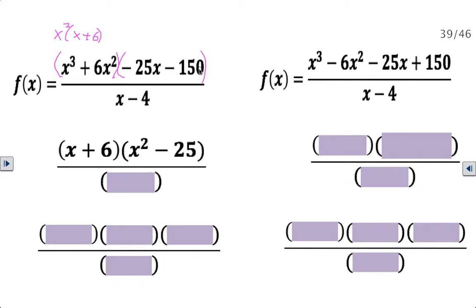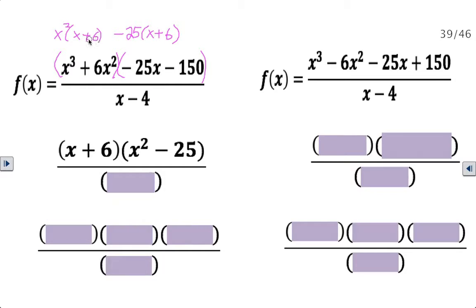And then look at these two sections and see what you can factor out. In this case, we can factor out a negative 25. So you have negative 25, and then you're left with x. Negative 150 divided by negative 25, believe it or not, is a positive 6.